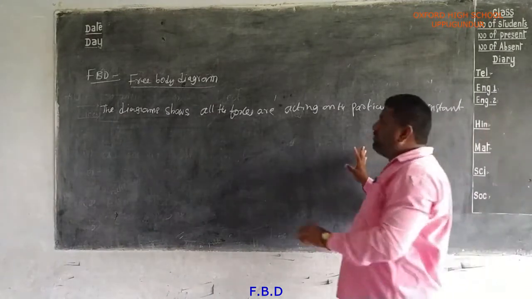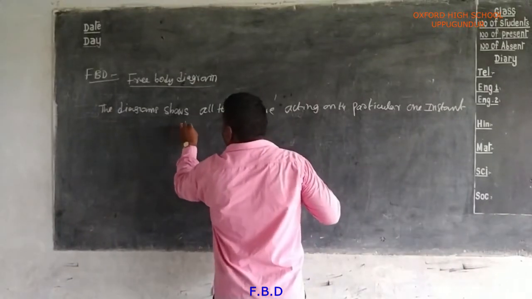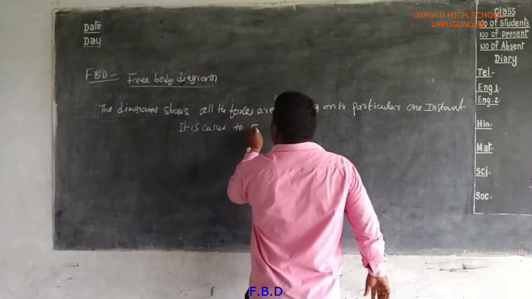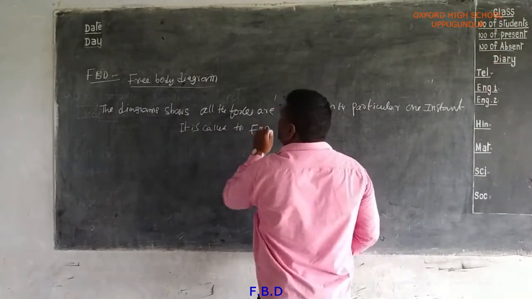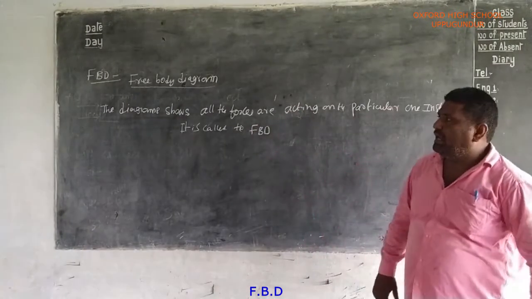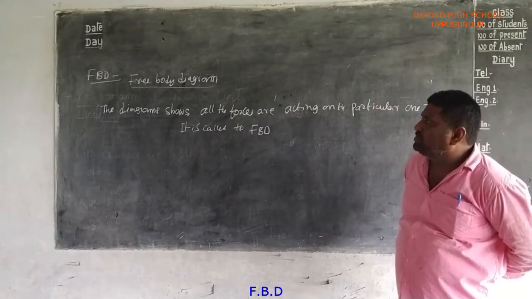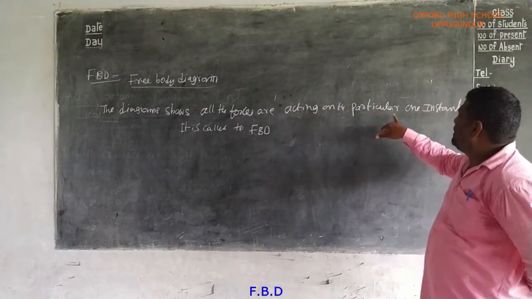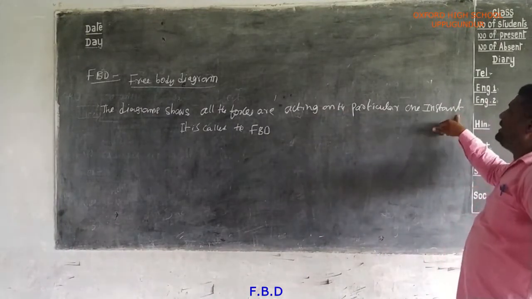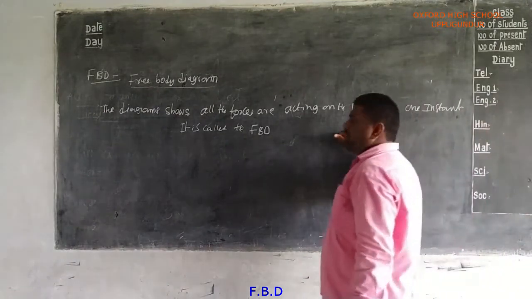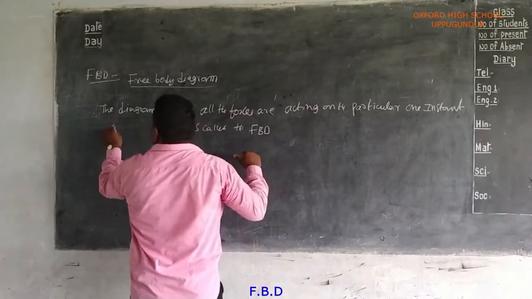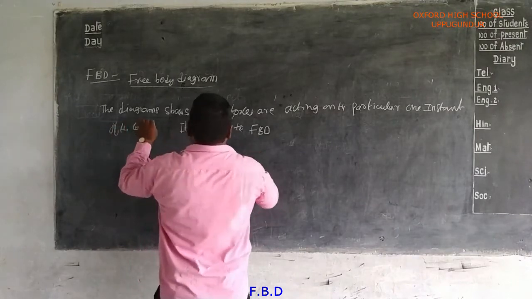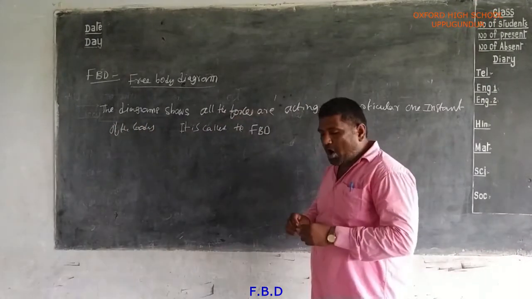It is called the free body diagram. What is the definition of the free body diagram? The diagram shows all the forces acting on the particular one instant of the body. It is called the free body diagram.